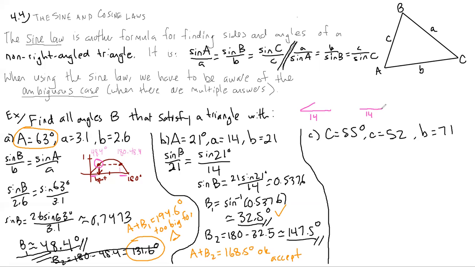So a side length of 14, I'll try to make them look about the same, and an angle of 21, so it should be the same angle. I'm going to leave this as a little b on the bottom.